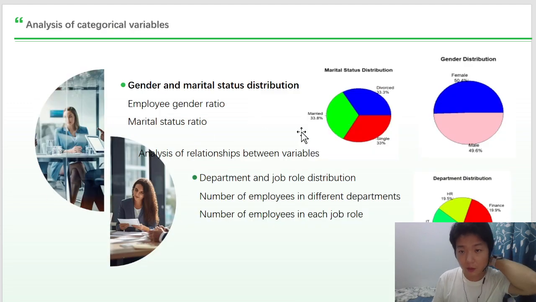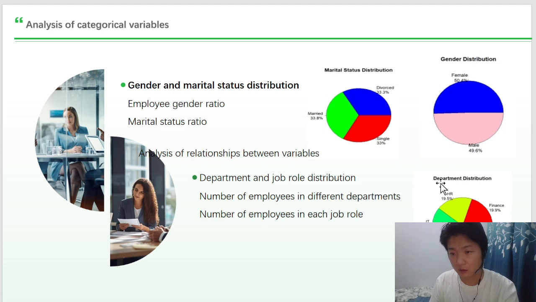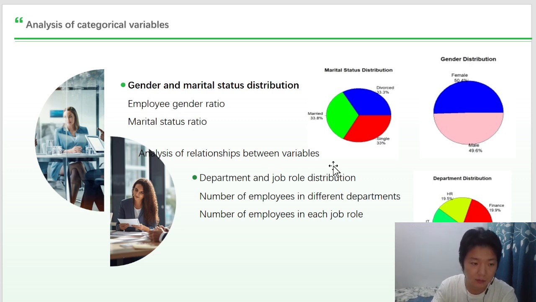Then we use the pie chart to observe the ratio, for example the marital status, gender, or department distribution. We can get some insight from these charts.